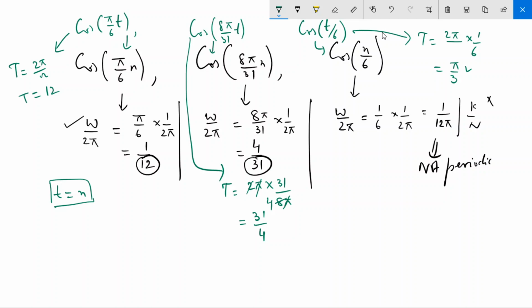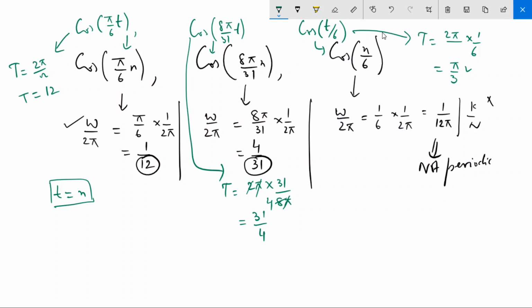I can convert cos pi by 6t to cos pi by 6n. Now since n is an integer, 0, 1, 2, it means t is 1, 2, 3, 4 only. In between you have no samples, no fractional values. But in continuous time, all the signals are periodic. If you sample them in discrete time, not all of them are periodic. In fact, they have different time periods.